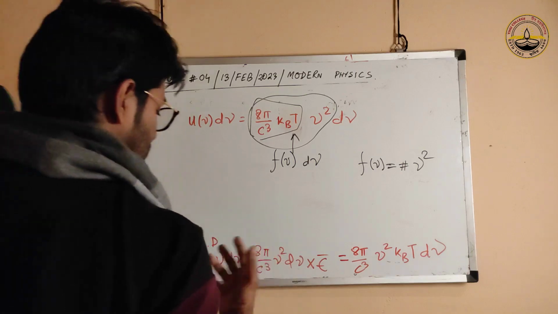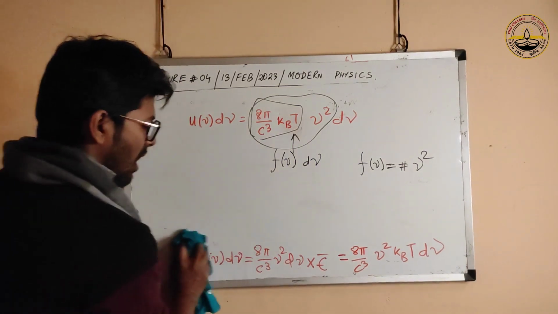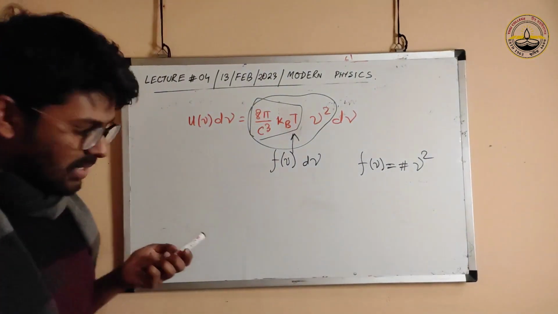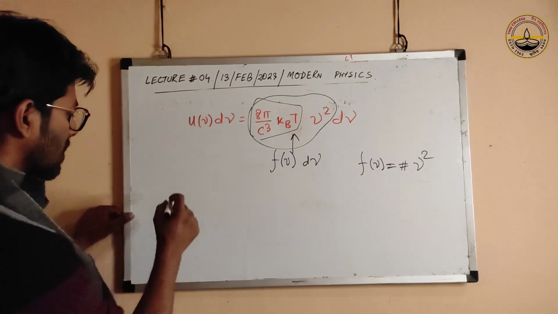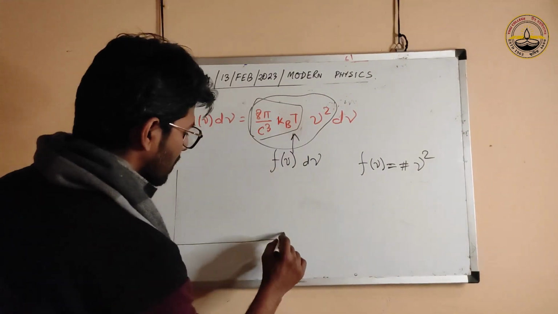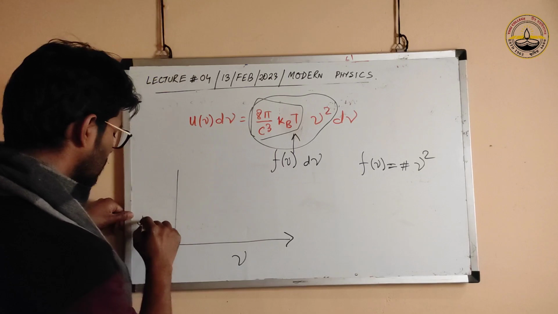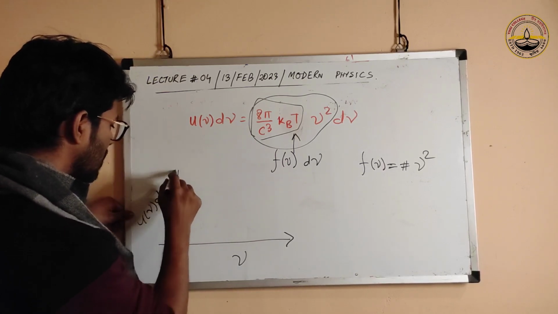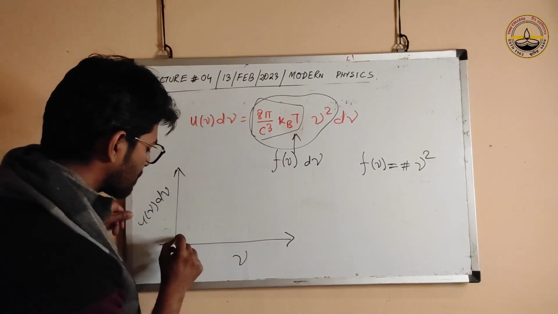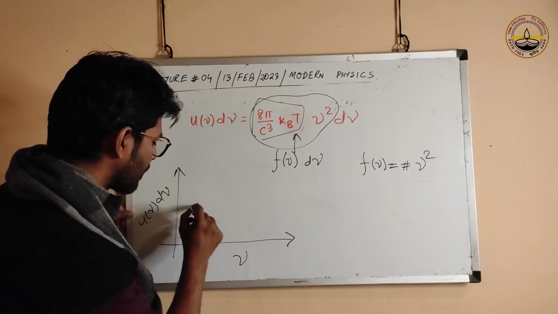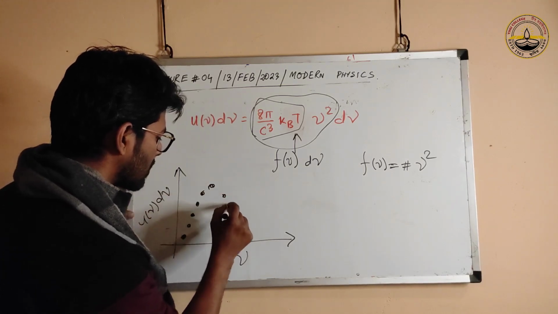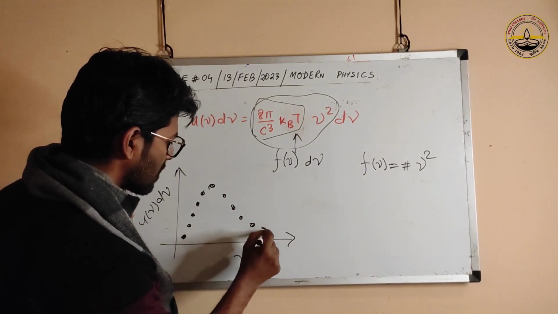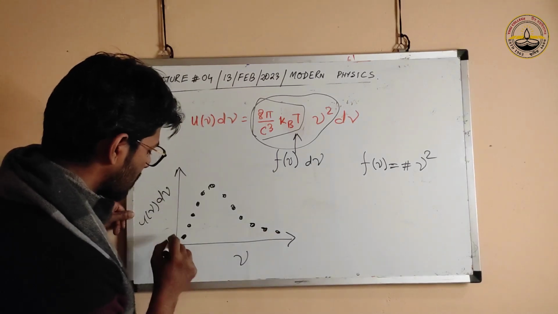Now, does that explain our experimental data? How did the experimental data look? When we plotted using our experimental table, the data looked like this. Remember?